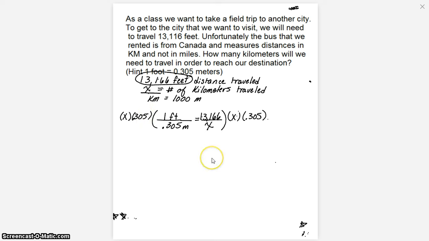And then you can cancel stuff off, right? So on this left-hand side, the 0.305s get canceled. And on the right-hand side of the equal sign, the x's get canceled. So now I have x times, it's like a little distributive property here, 1, which is just x, is equal to 13,166 times 0.305.